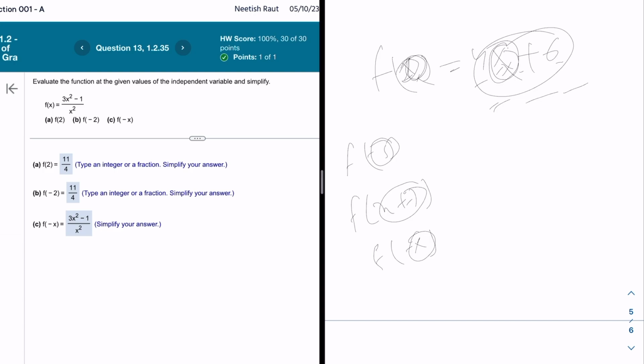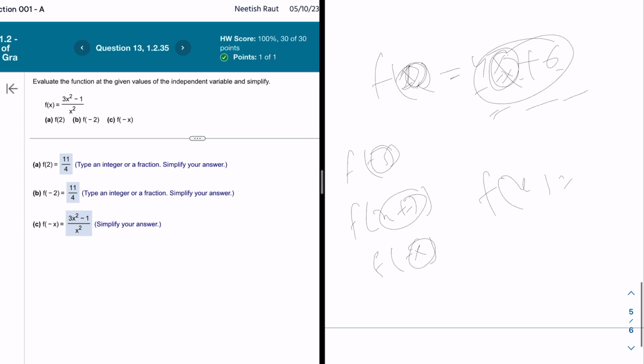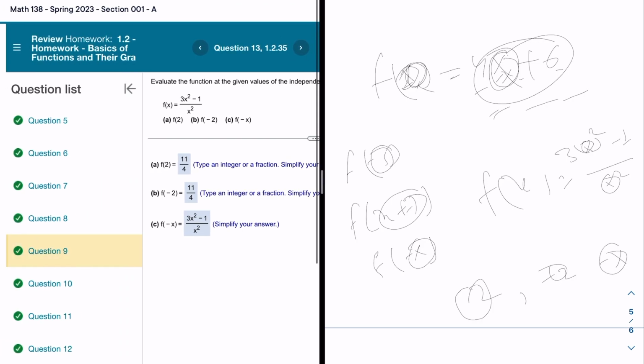So always, instead of x you need to plug in 2, and in the second, minus 2, then in the third, minus x. Plug in these and you will get a number or an equation. That's it. Do it by yourself.